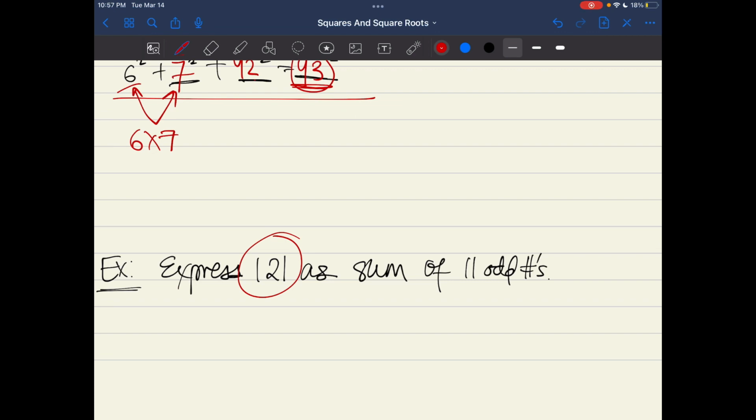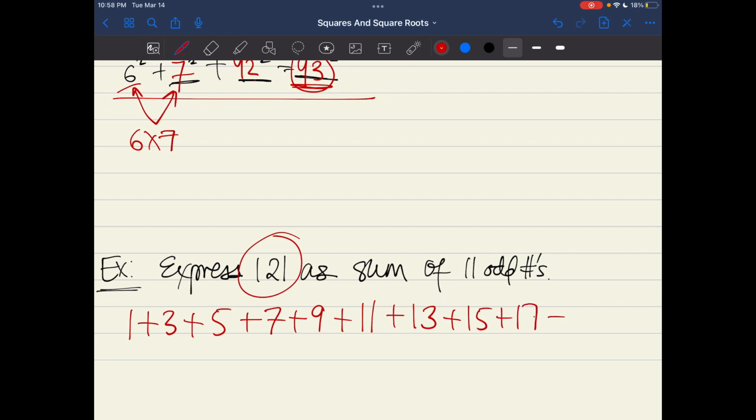Let's start. It will be 1 plus 3 plus 5 plus 7 plus 9 plus 11 plus 13 plus 15 plus 17 plus 19. How many are there? 1, 2, 3, 4, 5, 6, 7, 8, 9, 10.